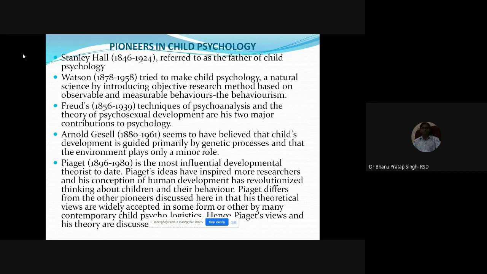Next, there are some pioneers who defined and practiced child psychology. One was Stanley Hall. Stanley Hall was known as the father of child psychology, meaning he started work on child psychology in 1846.